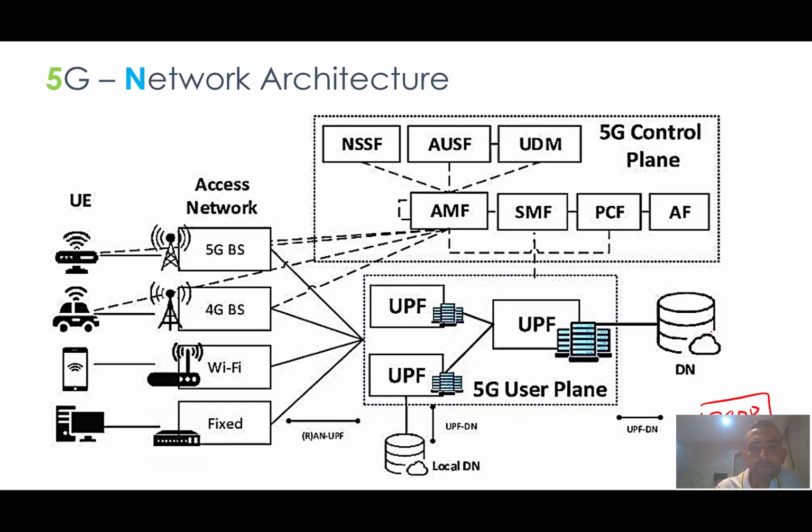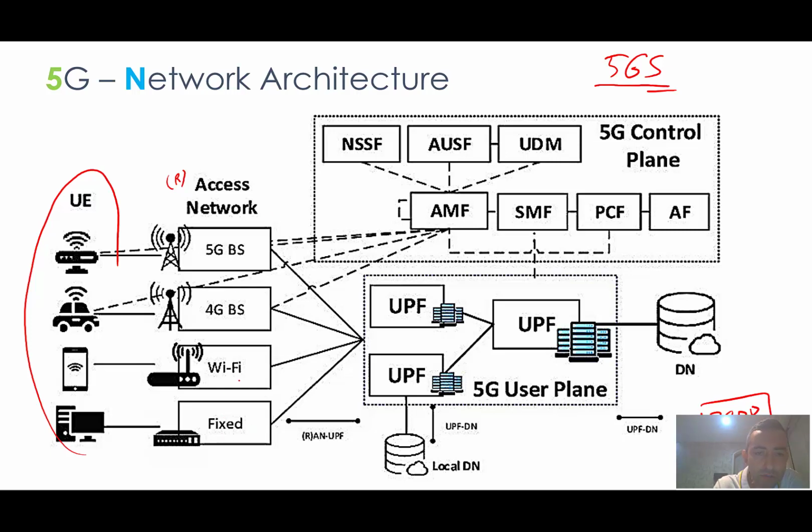This is the main architecture of the 5G system. You can see here we have UE, and we have an access network here, and you can see that we don't have R here, radio access network. It is access network because it can also be fixed.